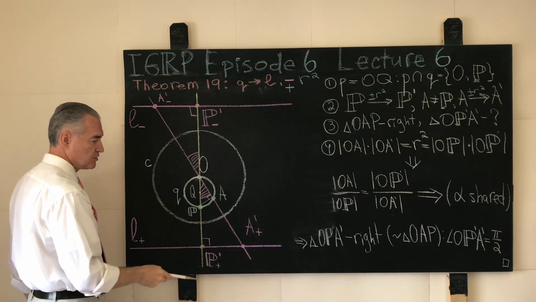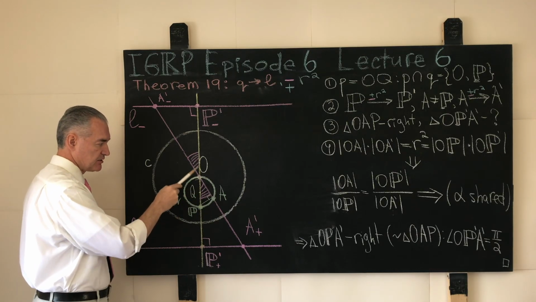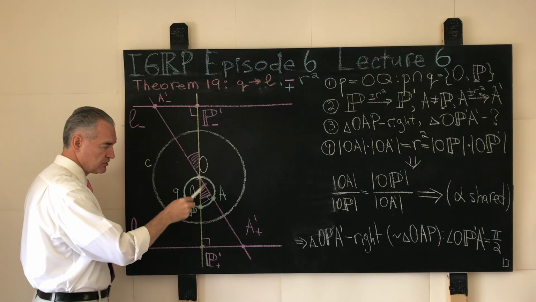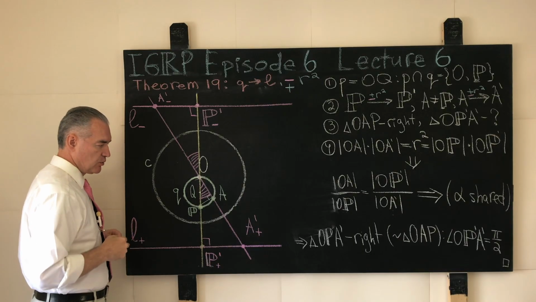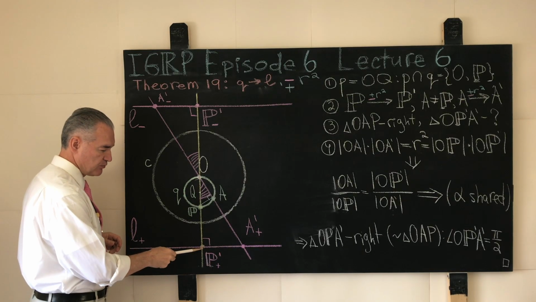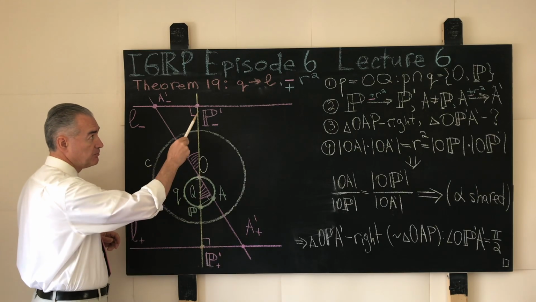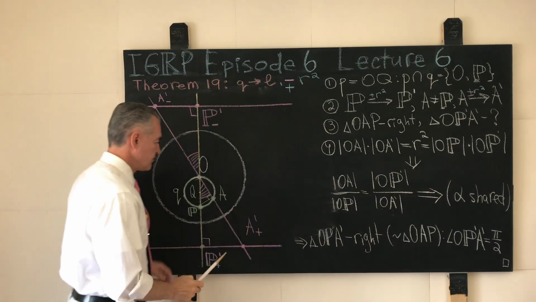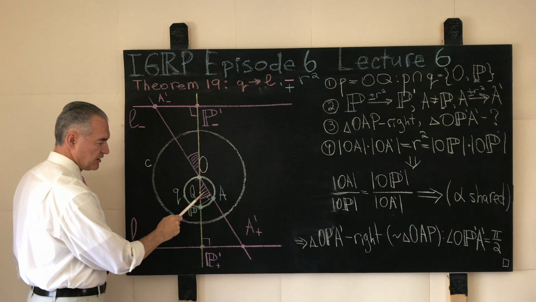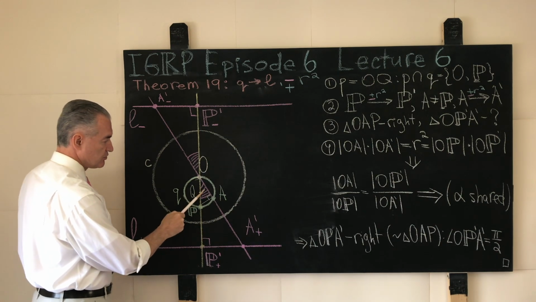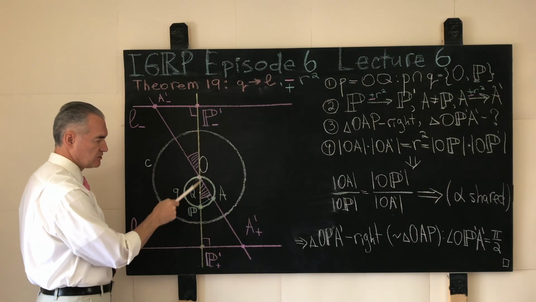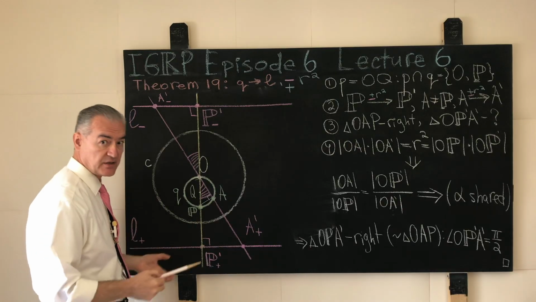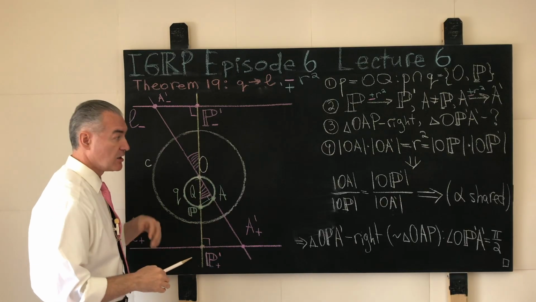Once we have this, the angles in the corresponding triangles will be vertical, or in this case they will be shared with the smaller triangle, and we will take the relationship for the points P prime plus and P prime minus locked into this relationship here equals R squared. From the similarity of the corresponding triangles, smaller triangle, larger triangle, either way, angles vertical or the angle at the point O is shared, these triangles will be similar. In similar triangles, the lengths of the sides about equal angles are in the same proportion.